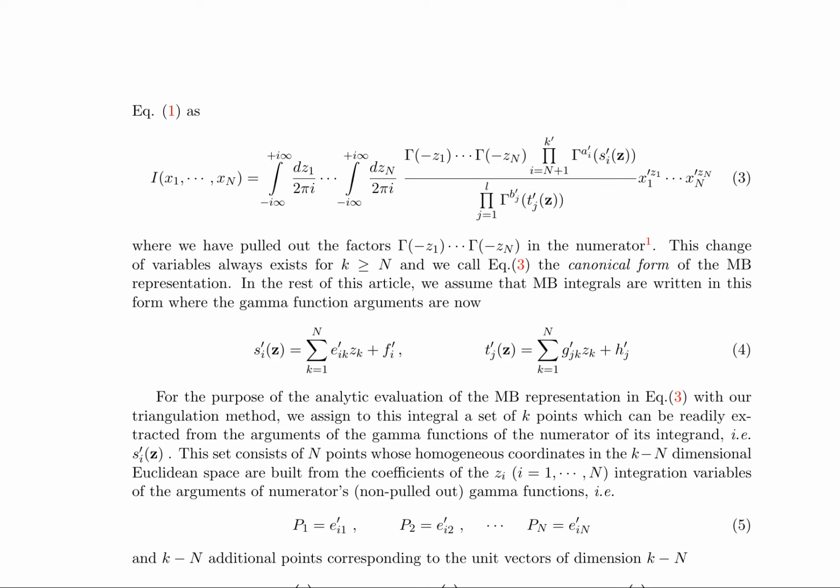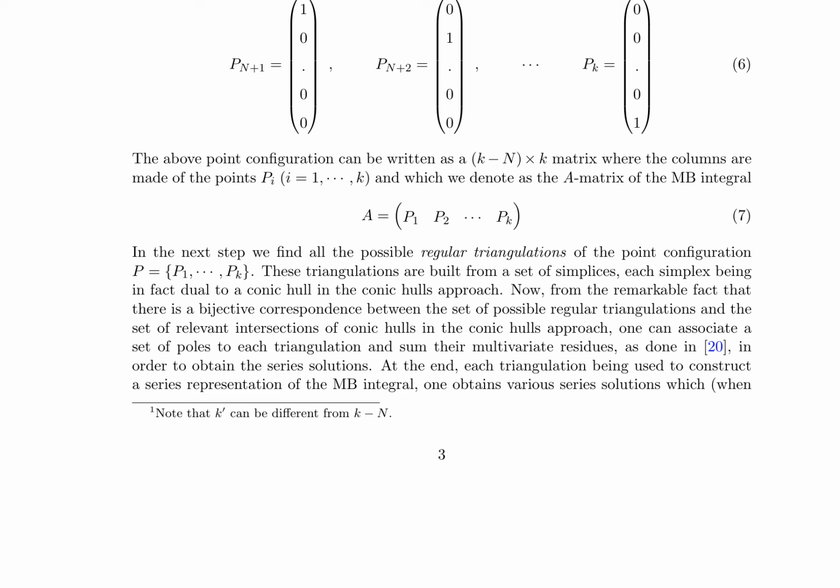These points, denoted as P1, ..., Pk, consist of endpoints whose homogeneous coordinates are built from the coefficients of the z integration variables, and Kn additional points corresponding to unit vectors of dimension Kn, as shown in equations 5 and 6. The point configuration can be represented as a Kn x k matrix, denoted as the A matrix of the MB integral, as shown in equation 7.